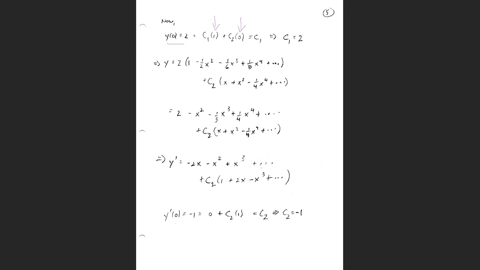So 2 will equal C1. C1 is 2, and you put 2 back into the power series.